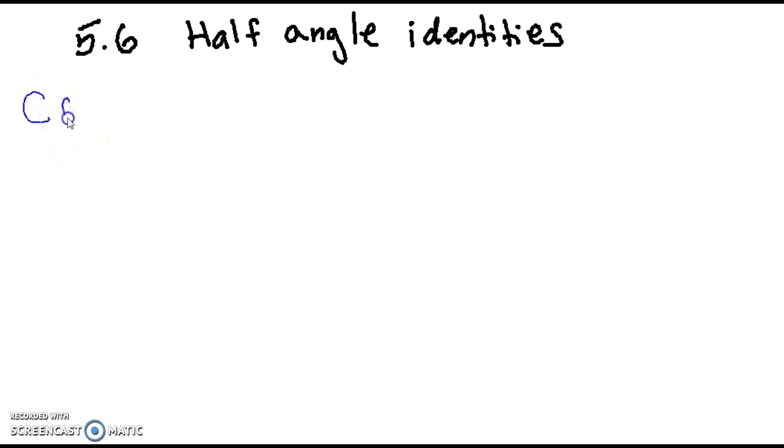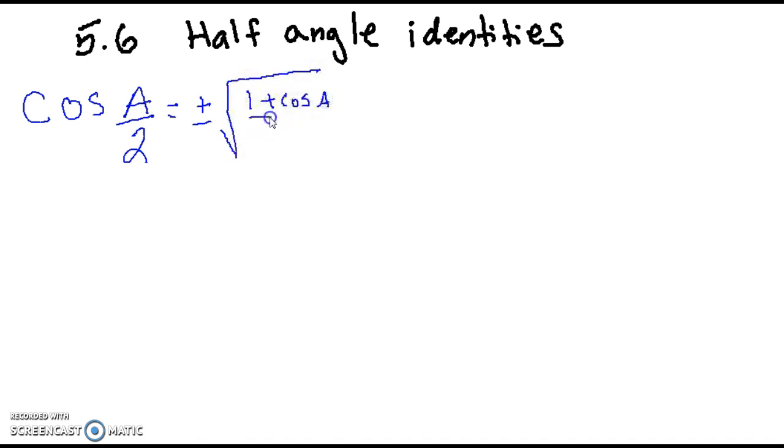There are 3 of them, just like before. So cosine of A divided by 2 is equal to plus or minus the radical of 1 plus the cosine of A, all over 2.